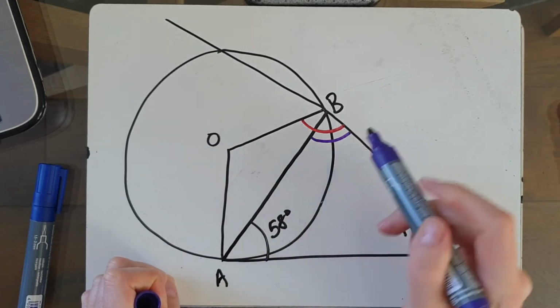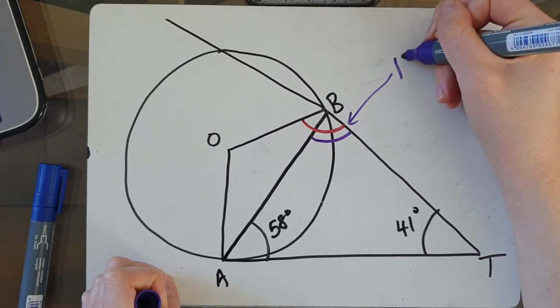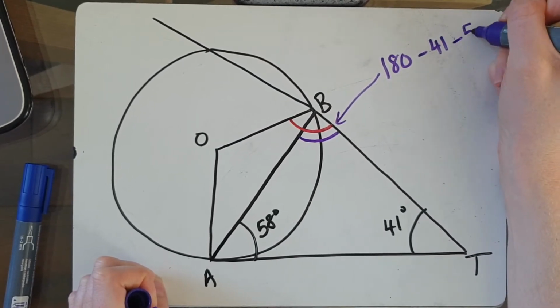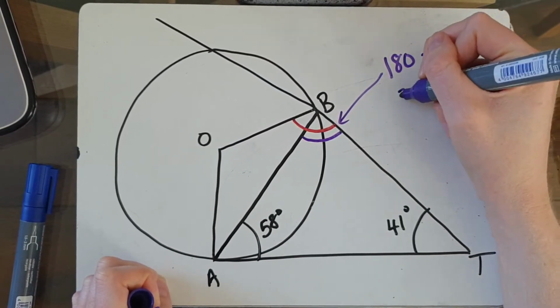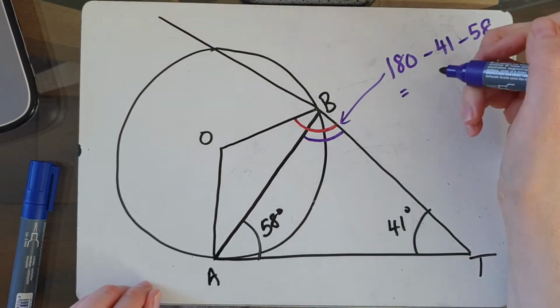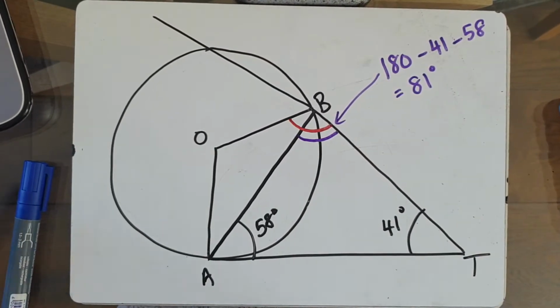So this part of the angle will be angles in a triangle add to 180, so 180 minus 41 minus 58, and that is going to give us 81 degrees. So we've found part of that angle.